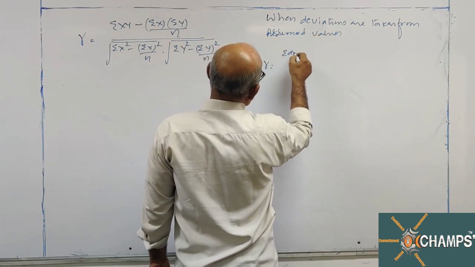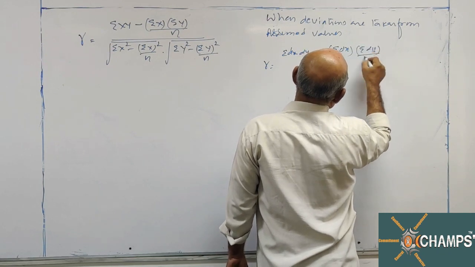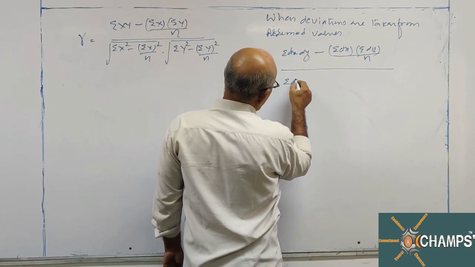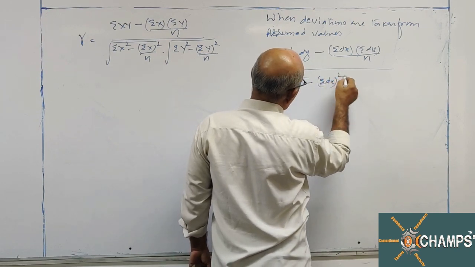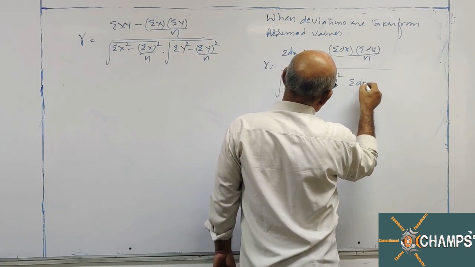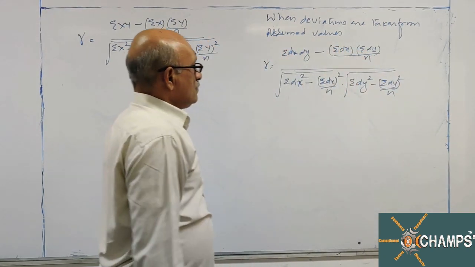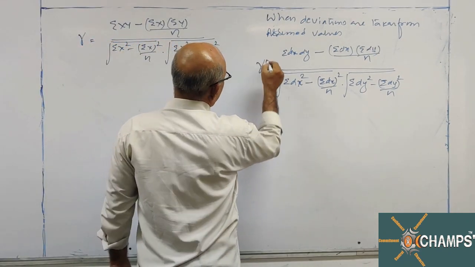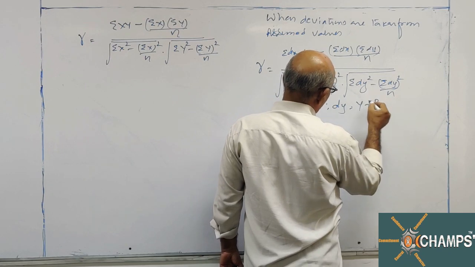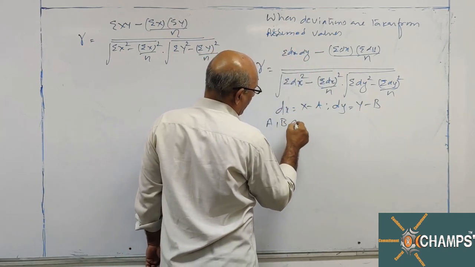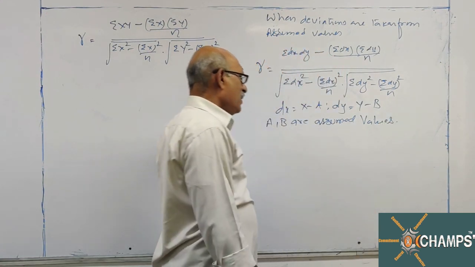R is equal to summation of dx dy minus summation of dx into summation of dy by n, where dx is equal to x minus a, dy is equal to y minus b, a comma b are assumed values.